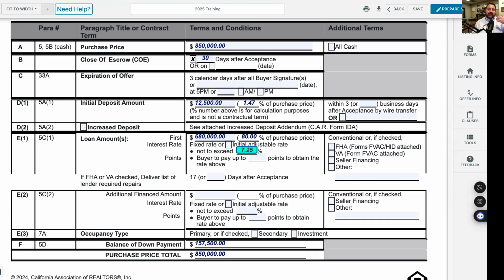But what happens from the listing agent side, and the reason we have to do this, is if they see 6.75, and that's also what it says, your maximum interest rate is 6.75 on your offer, and on your pre-qual, it says there's a 6.75 interest rate, their fear is they have to fear that if that interest rate increases, even if you've removed all your contingencies, you're going to walk away. So they have to consider that when they're taking your offer into consideration and presenting it to the seller. They have to consider that there's a chance that this deal still falls apart even after you've removed all your contingencies because you won't commit to any fluctuations in the rate.